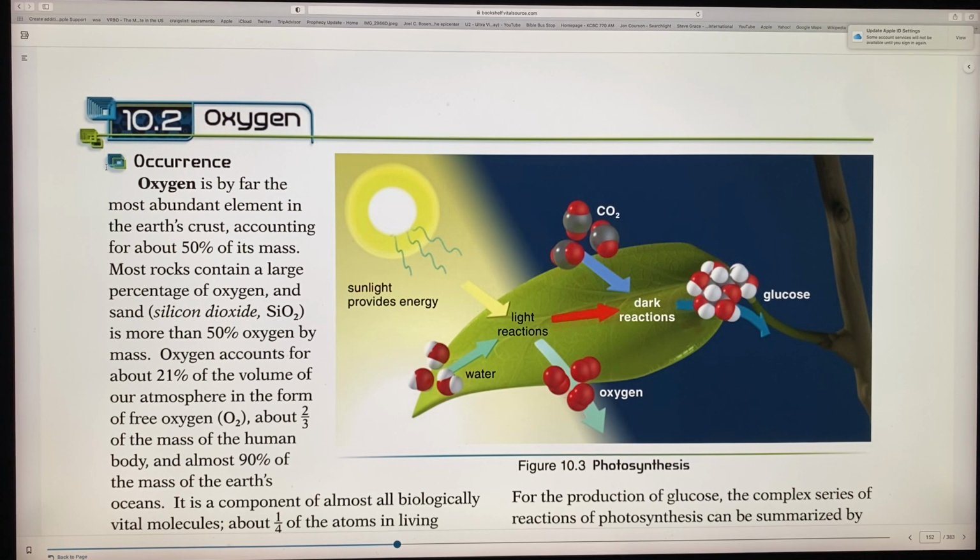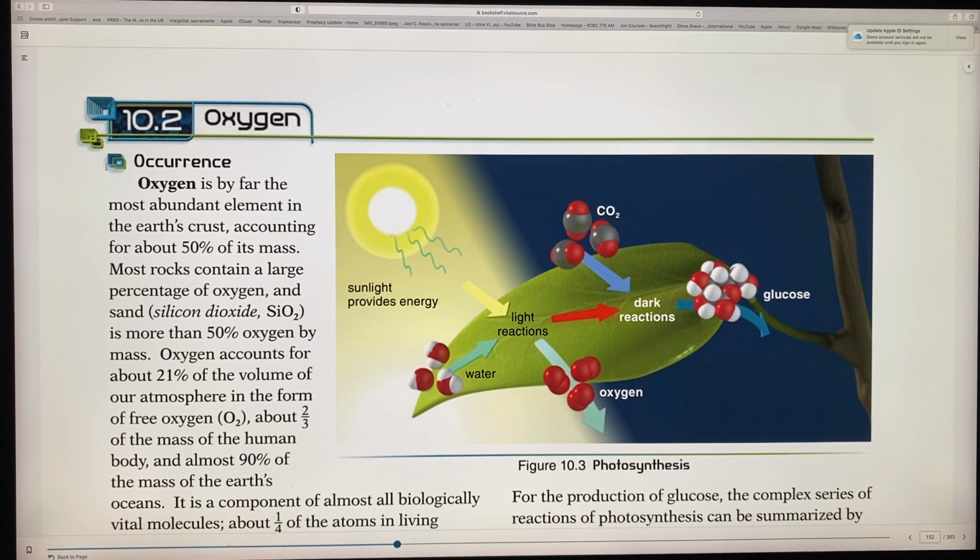In fact, most of our rocks have oxygen in them, and our sand, silicon dioxide, is 50% oxygen. And 21% of the volume of our atmosphere is free oxygen. Can you believe that 2/3 of our human body is made of oxygen?